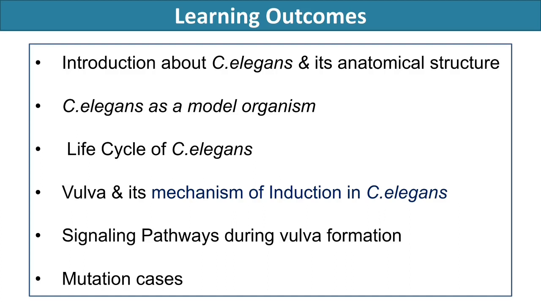After going through this PPT, the students will learn about C. elegans and its anatomical structure, and they will also get to know why C. elegans is used as a model organism, then about the life cycle of the organism, and finally what the vulva is, its mechanism of induction and the different signaling pathways involved here, and also about some of the mutation cases that can affect vulva formation.